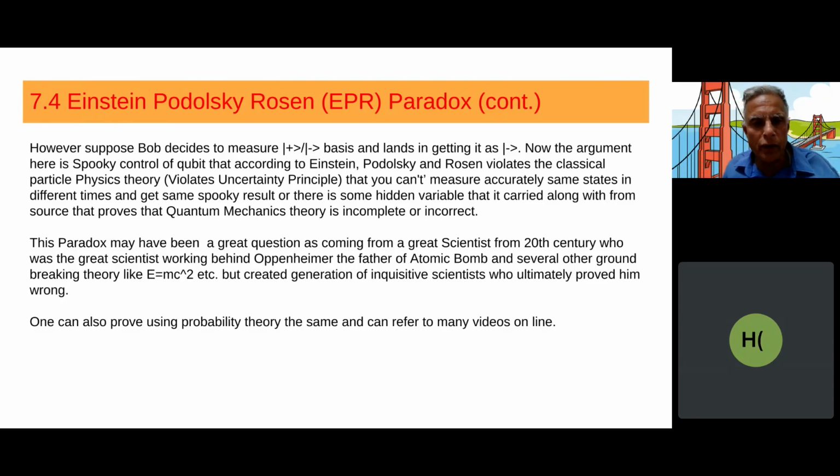But that's not the case, and therefore it got proved that it does not violate the uncertainty principle and all that.